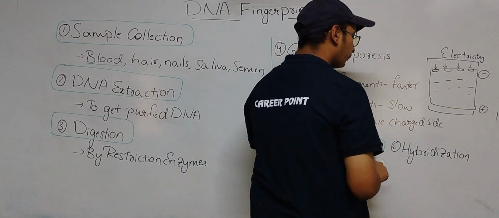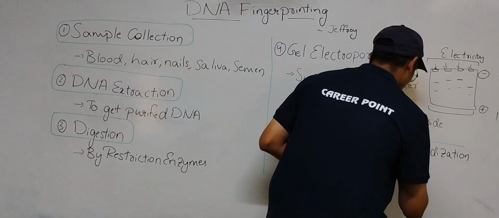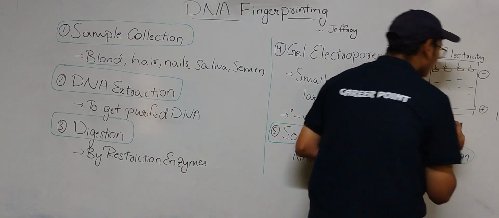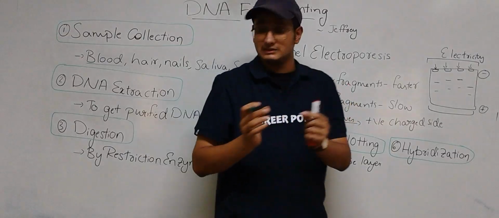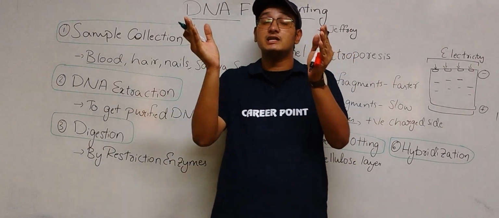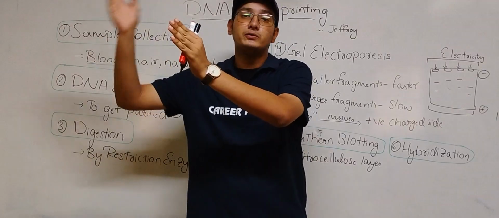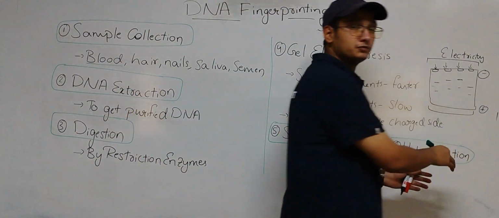Now we will add a probe to this. We have different kinds of fragments. When the restriction enzyme is cutting, it might also cut the non-useful part. So here we can see the non-useful parts and the useful parts too.